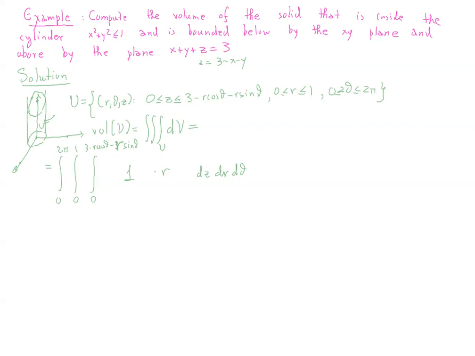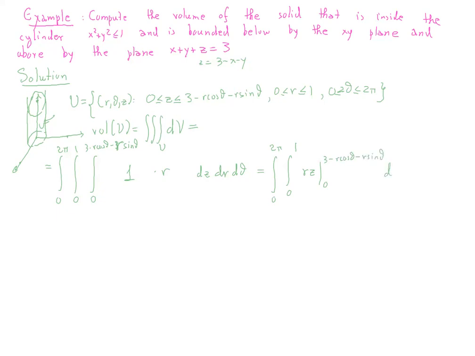So let's carry out the first integration. The first integration is with respect to z, and r is constant. So what you're going to get is the integral from 0 to 2 pi, and the integral from 0 to 1, in an iterated way. And then you have rz that goes from 0 to 3 minus r cosine theta minus r sine theta.